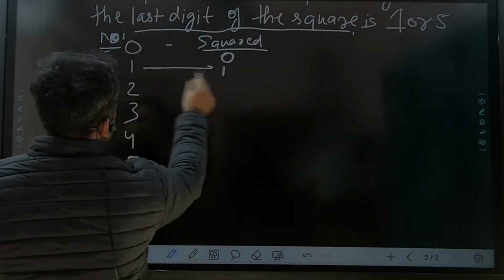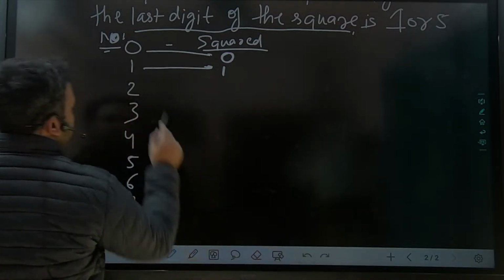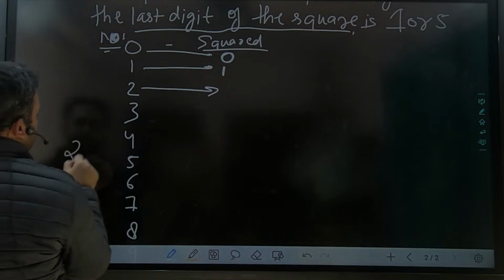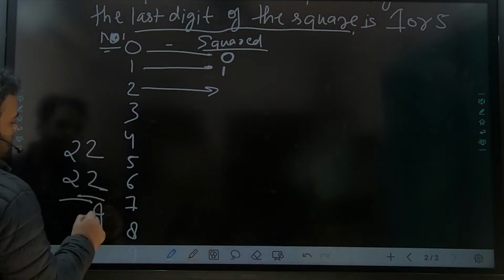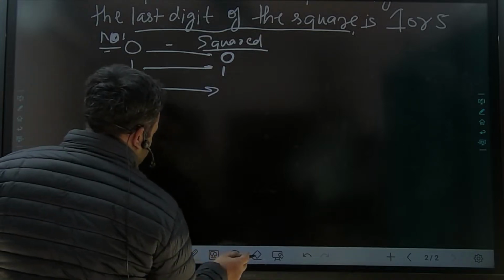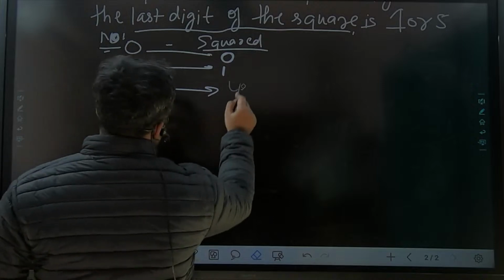If any number has last digit 2, you square the 2, so for example 22, it will be 4. Whatever comes over here, I don't have to bother. We just have to find the square of the last digit, so the last digit will be 4.